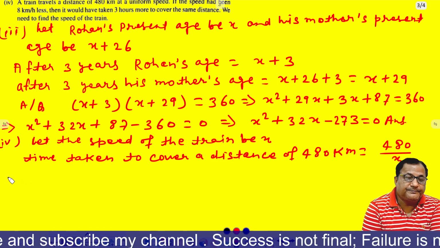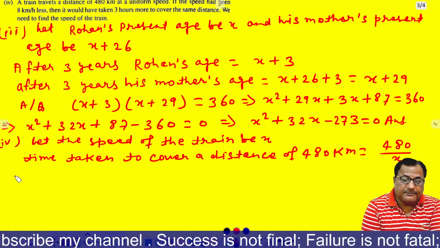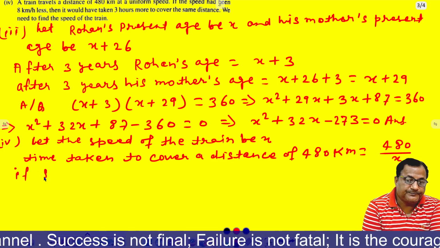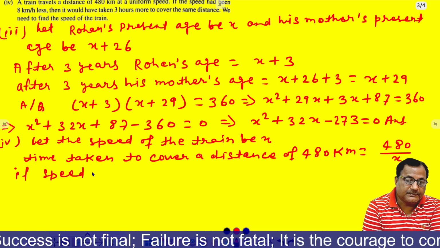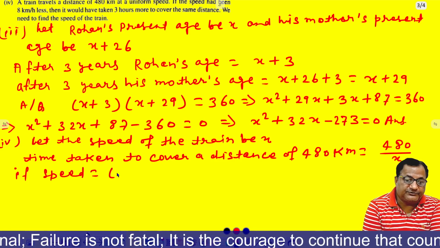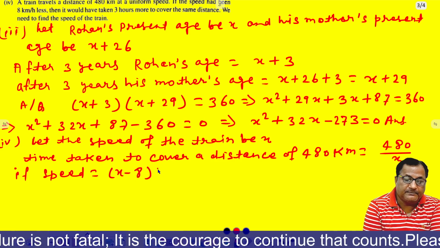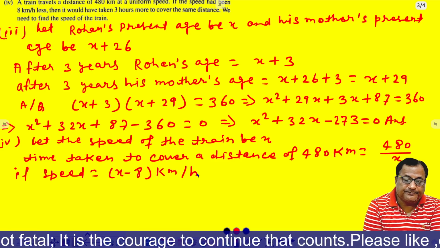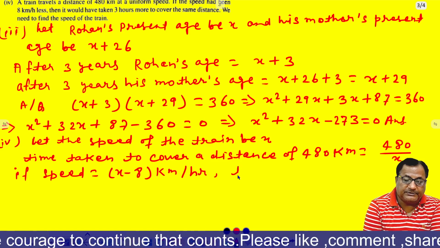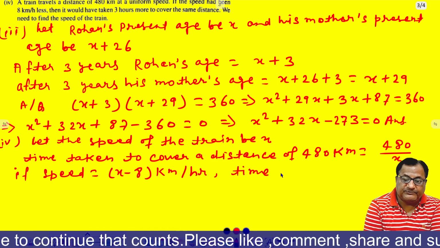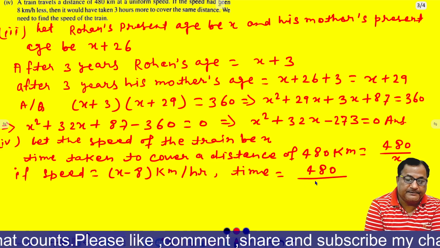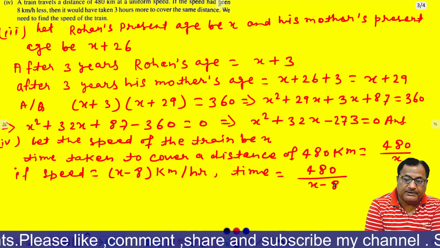Now if the speed is 8 kilometers less, meaning x minus 8 kilometers per hour, then the time to cover the same distance will be 480 by x minus 8.